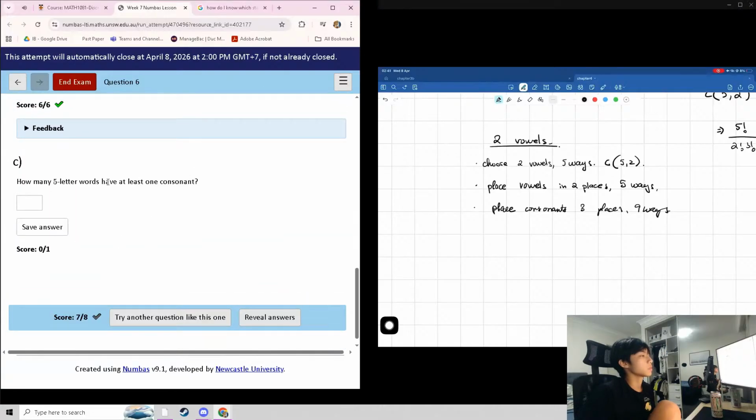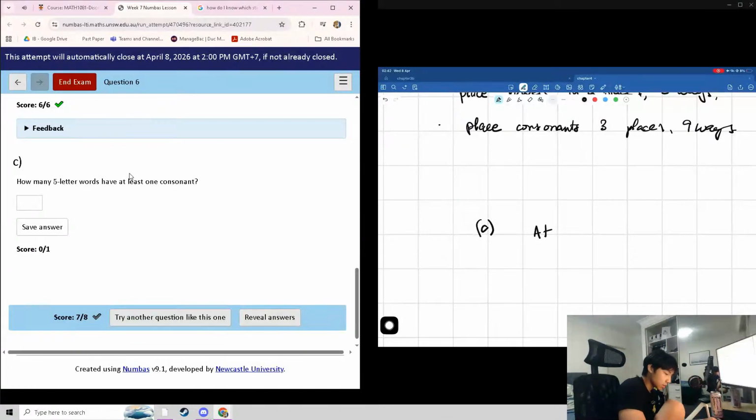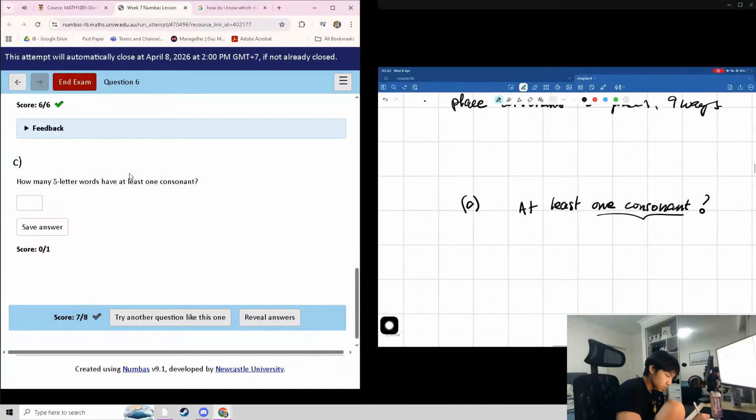Whatever. How many 5-letter words have at least 1 consonant? So this is inclusion for sure. At least one consonant. So either find the set without a consonant.